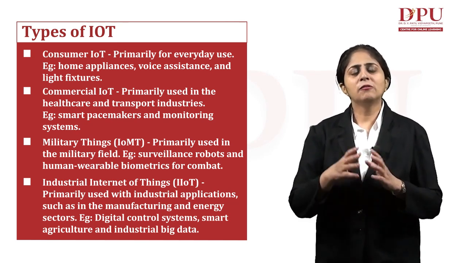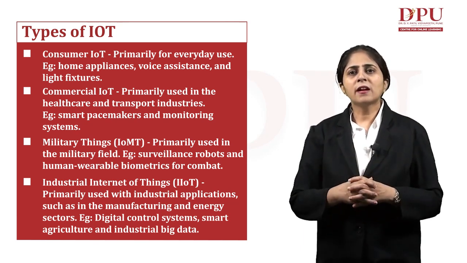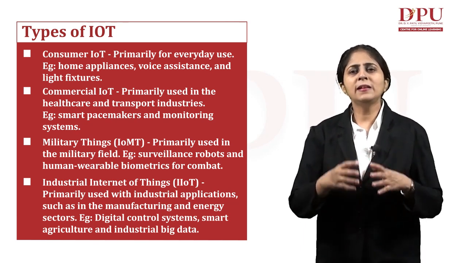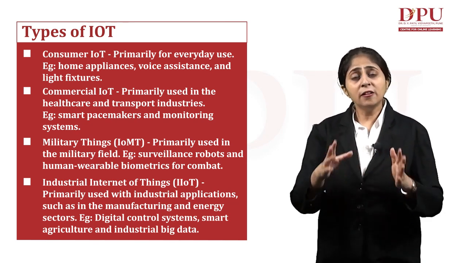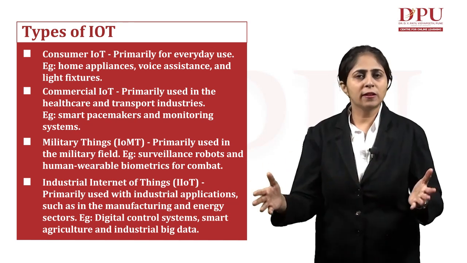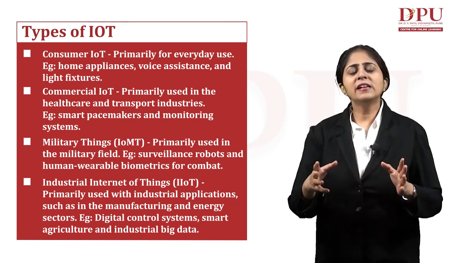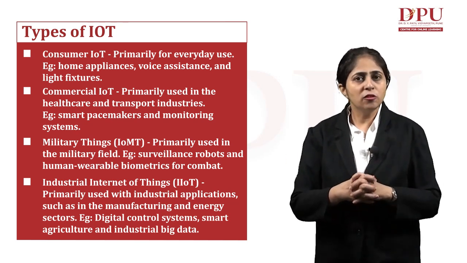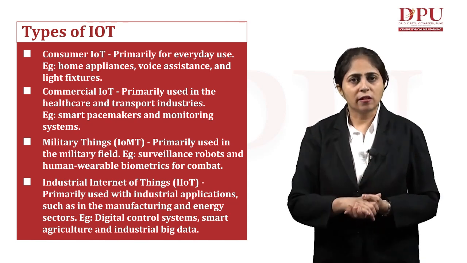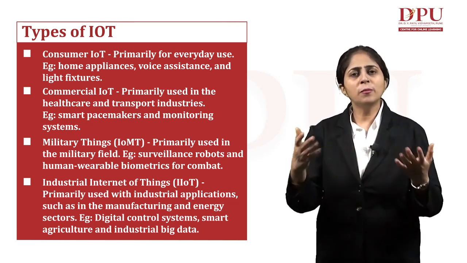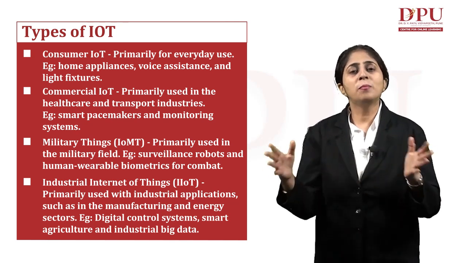Then next one, we have infrastructure IoT. Infrastructure IoT is primarily used for connectivity in smart cities. Infrastructure, that means whatever infrastructure we are using in smart cities nowadays, it is in fact all connected using IoT. For example, we have infrastructure sensors, we have so many management systems for the infrastructure in smart cities.